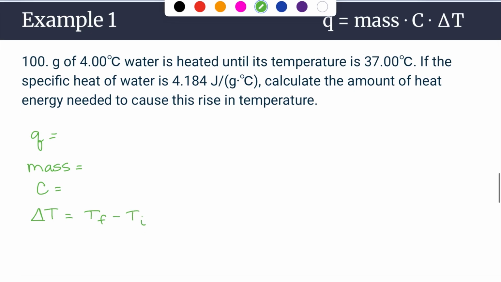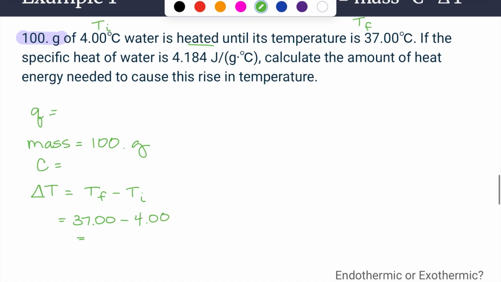And so we've got 100 grams. Well, 100 grams is a mass. So 100 grams of 4 degrees Celsius water is heated until its temperature is 37. So this is going to be my initial temperature. This is going to be my final temperature. And so I can do 37.00 minus 4.00.